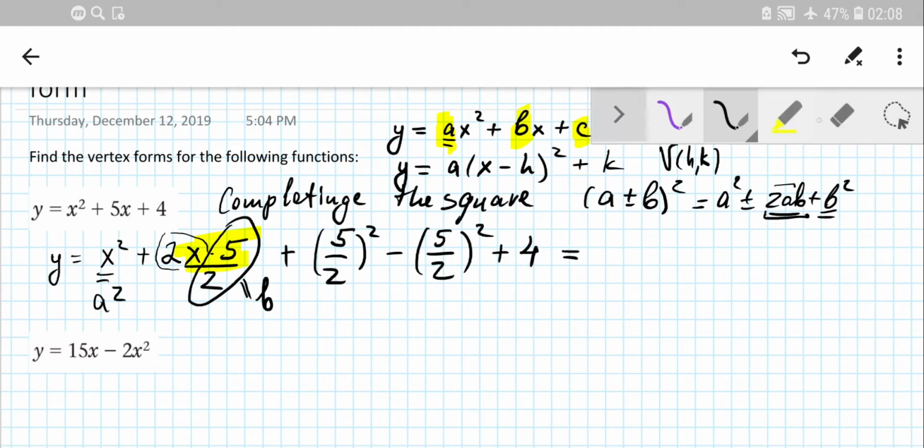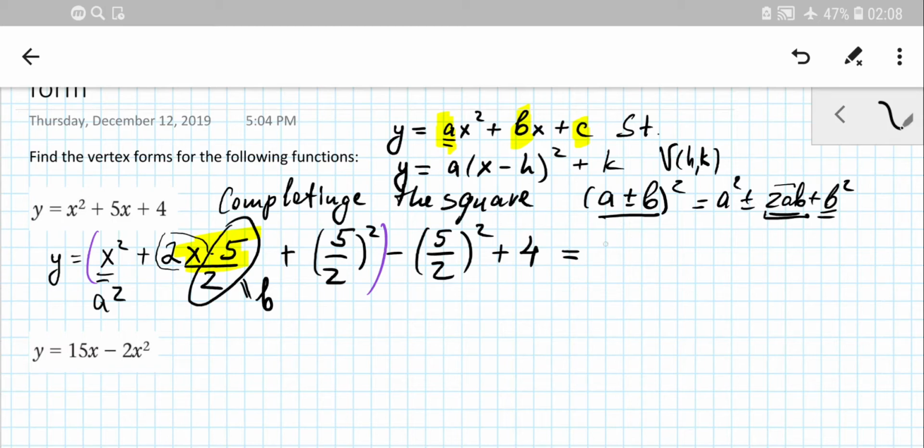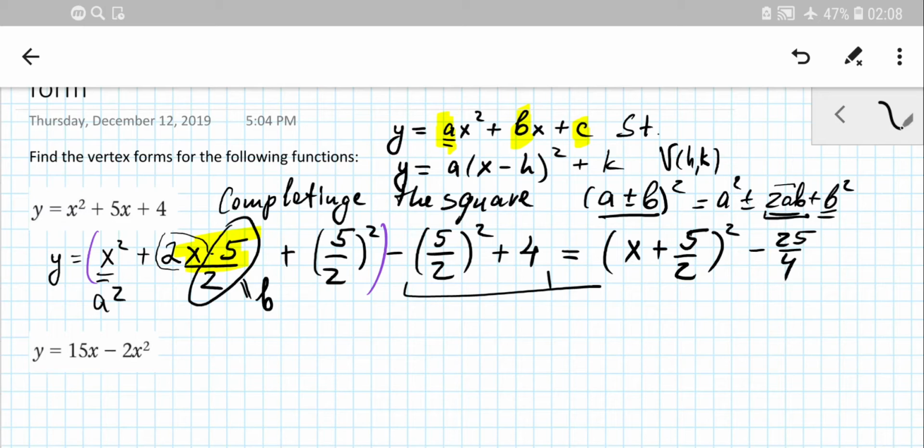And now let's simplify. I highlight that here in the brackets, we've already got the formula for (a plus b) squared. In this case, x is a, and we add 5 over 2, which is b. Okay, we square it up. Then we simplify the rest part, just numbers. 5 over 2 squared gives negative 25 over 4.